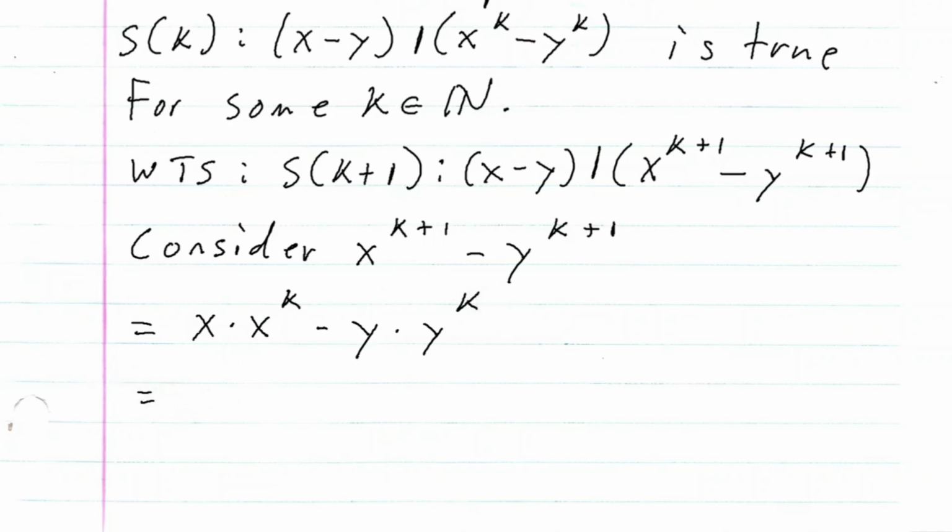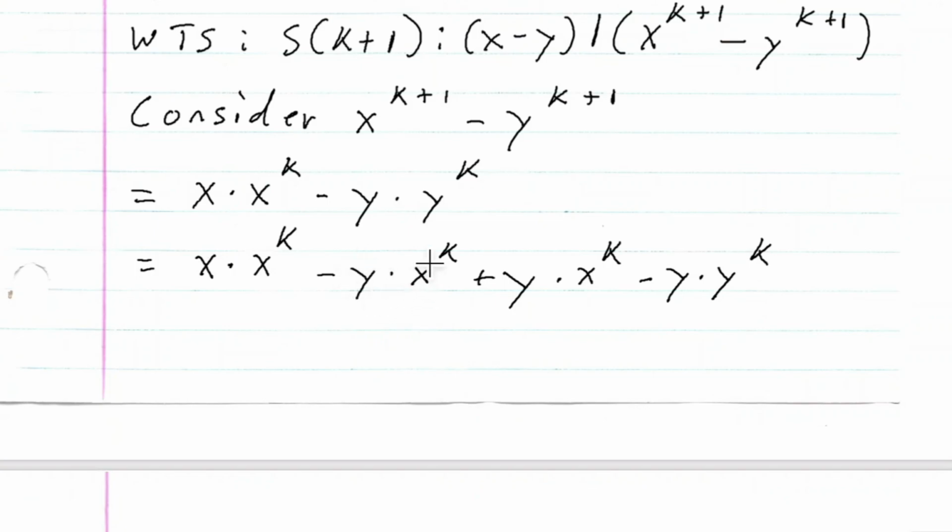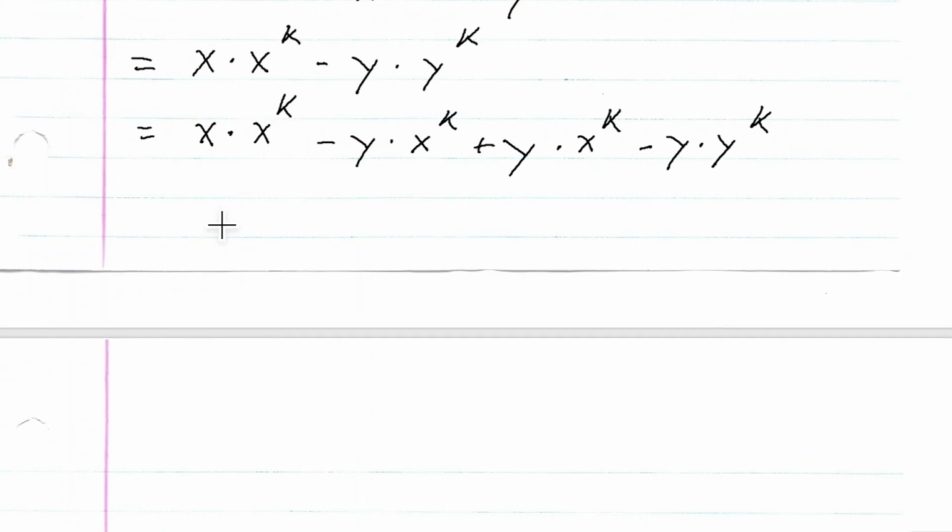We can do this: x times x to the k minus y times x to the k plus y times x to the k minus y times y to the k. Okay, so notice how I subtracted y times x to the k and I've added y times x to the k. So this line is the same as this line, but there was a purpose for that.